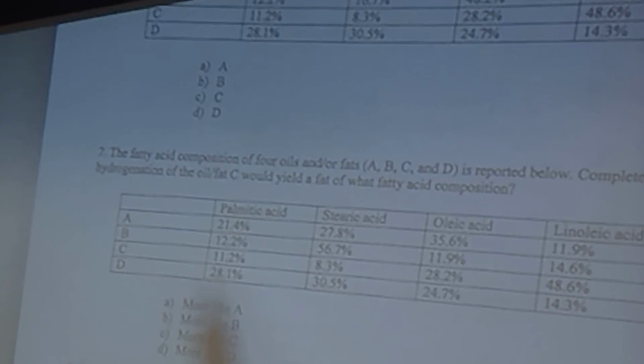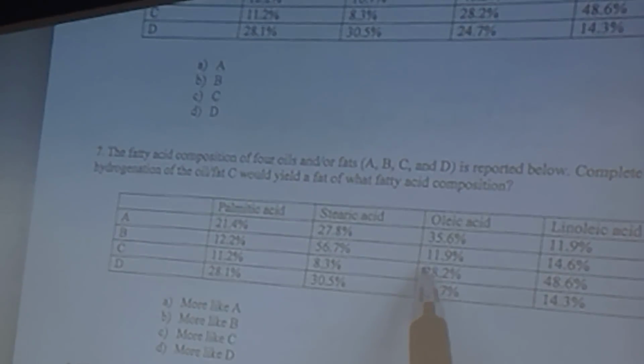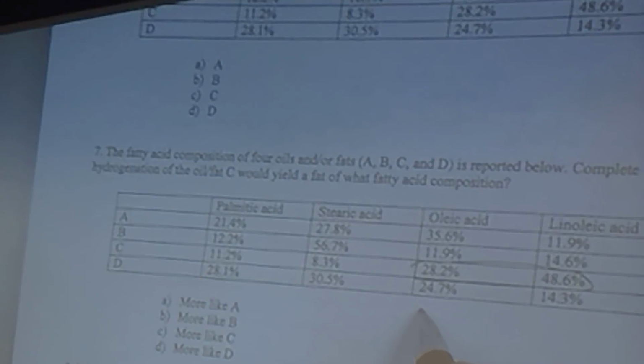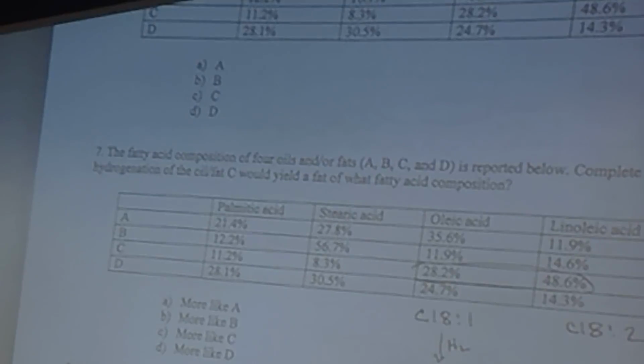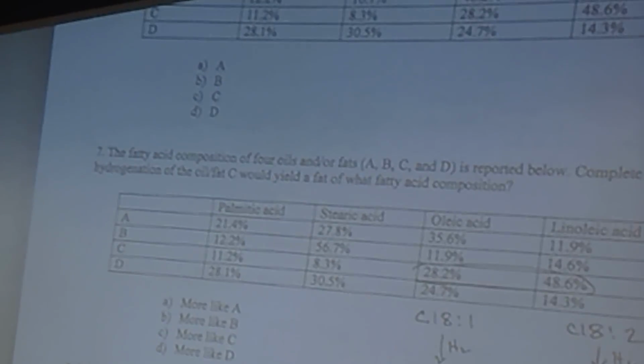So what are the unsaturated fatty acids for this one? These are the 2 unsaturated fatty acids. Oleic is C18-1, right? And linoleic is C18-2. If we do the hydrogenation, both will be converted to C18-0.